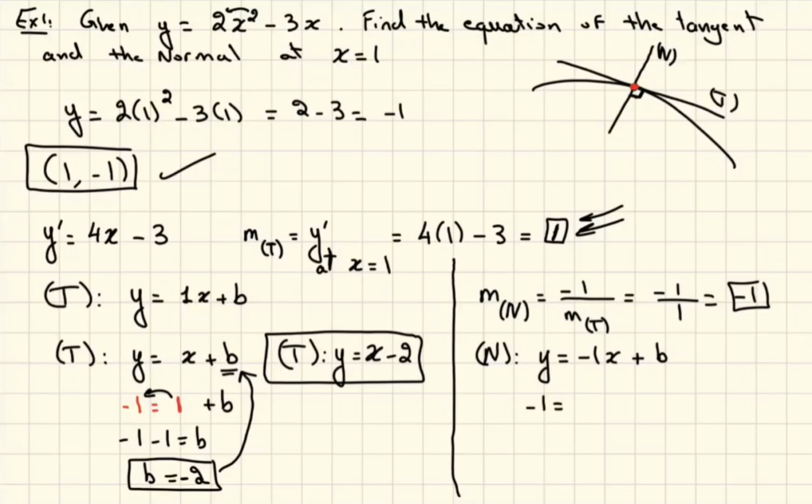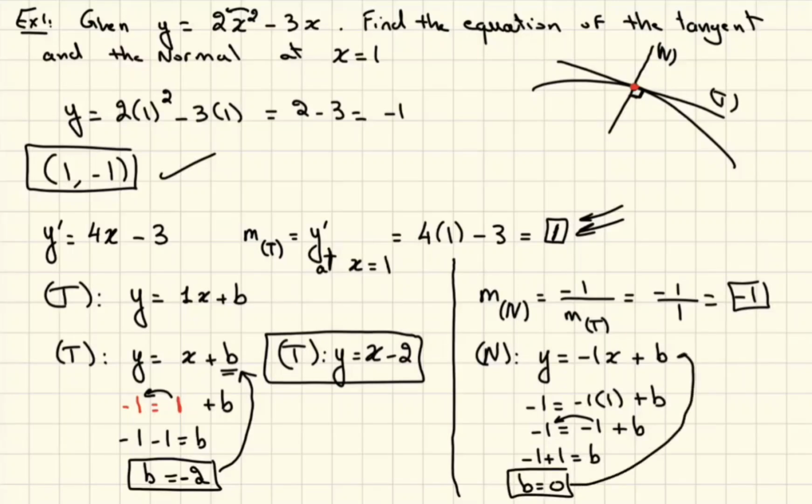Instead of y, we replace -1, and instead of x, we replace 1. And we solve. So -1 equals -1 plus b. We take this -1 to the other side, we get -1 plus 1 equals b. In this case, b will be 0. So I go back here, replace the value of b, and this will be my final answer. So y equals -x plus 0. No need to write it, so it's just y equals -x.